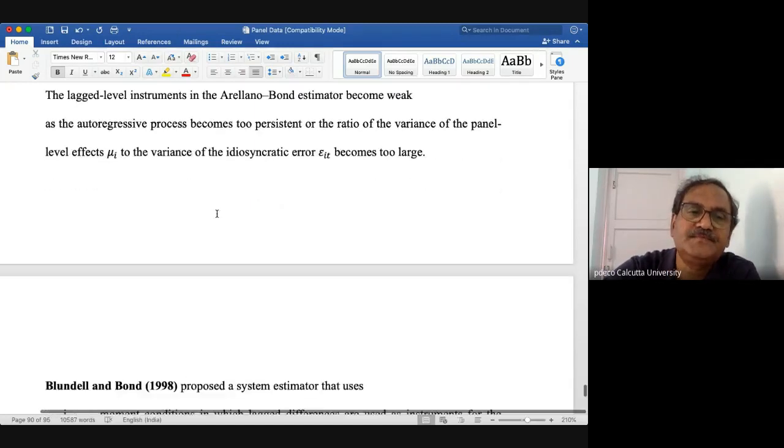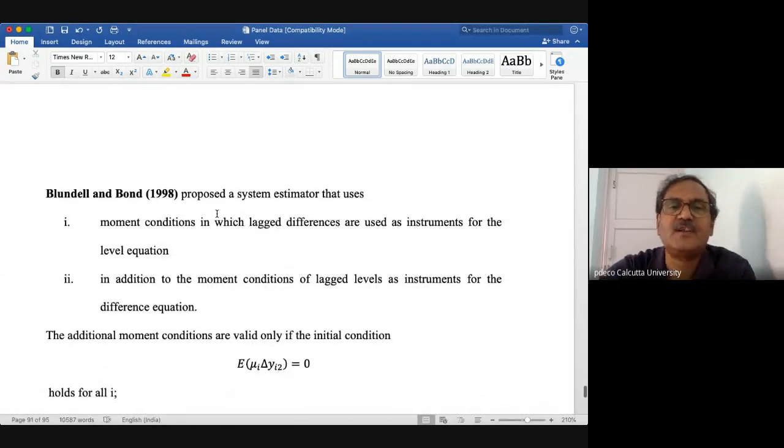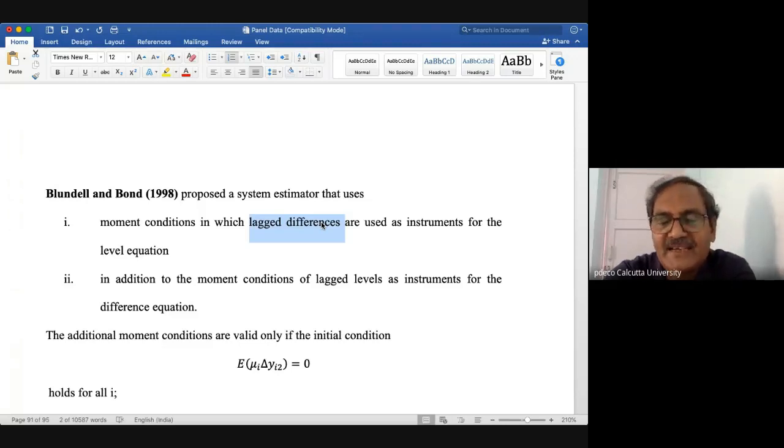So to resolve this issue, the model is further extended by considering the lagged differences as the instrument, along with the lagged values of the variables used in Arellano-Bond. So in the system GMM method, as suggested by Blundell and Bond in 1998, the number of instruments is more.